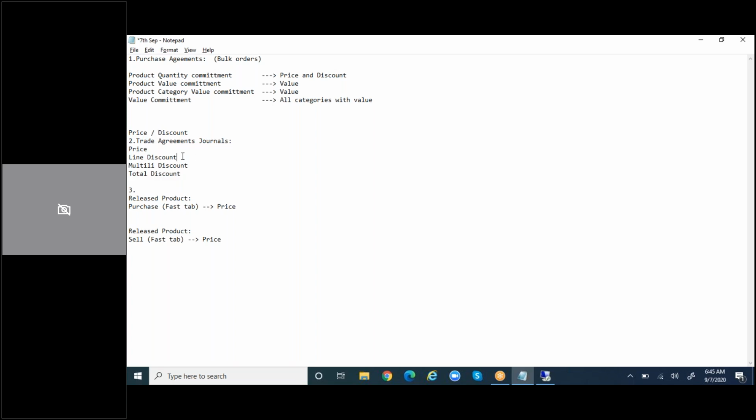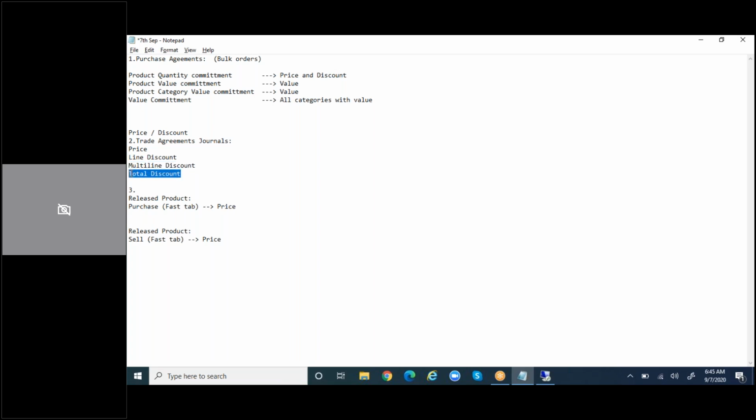Okay, so what is line discount? Line discount, as we generally learned, means item-wise discount. What does multi-line discount mean? If you purchase 2 items, like Thums Up and Coca-Cola, these 2, then you will get a discount. If you purchase them independently, you will not get a discount. Multi-line discount means if you purchase 2 different products, you will get a discount.